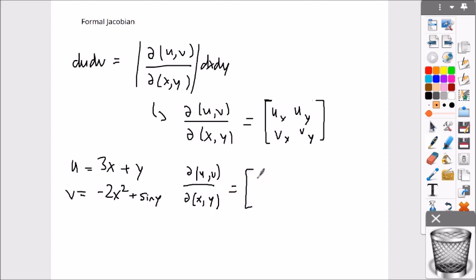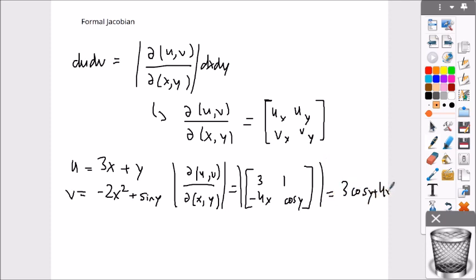Is equal to 3, 1, negative 4x, cosine y. So then your determinant is equal to the determinant of this thing, which is equal to 3 cosine y plus 4x.